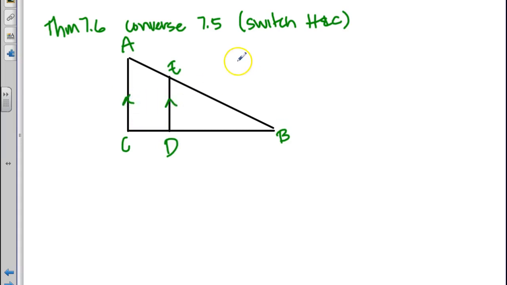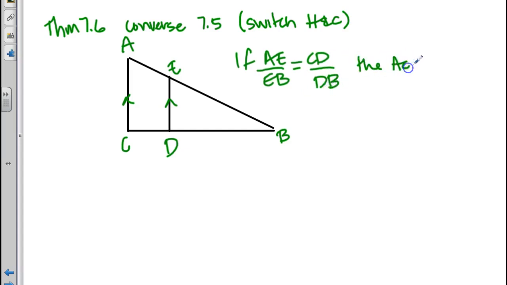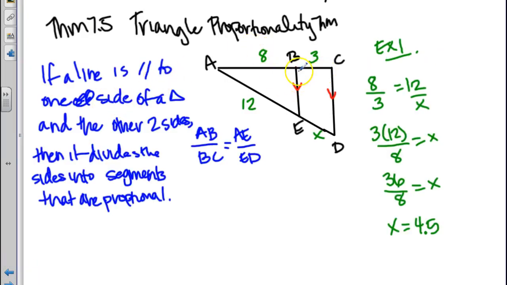Now it's, if AE over EB equals CD over DB, then AC is parallel to ED. Where before we had, given BE is parallel to CD, then this is true. Now we switch that hypothesis and conclusion.